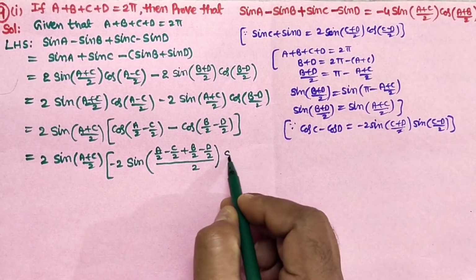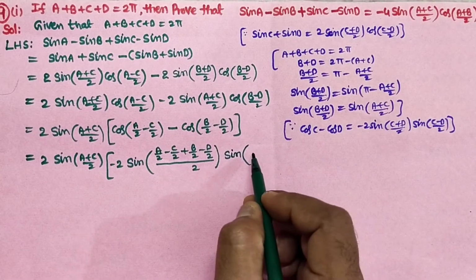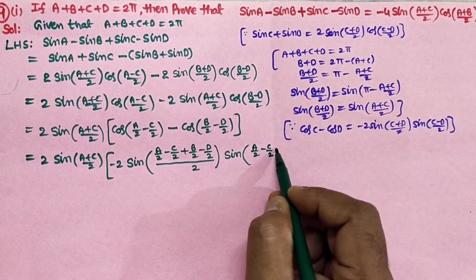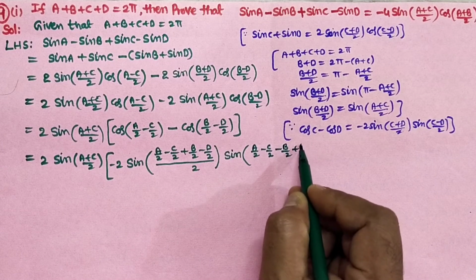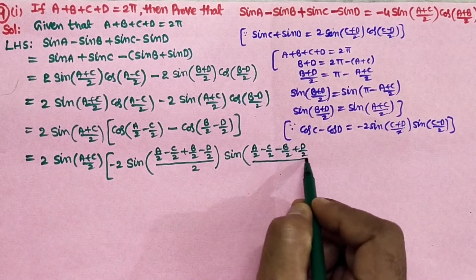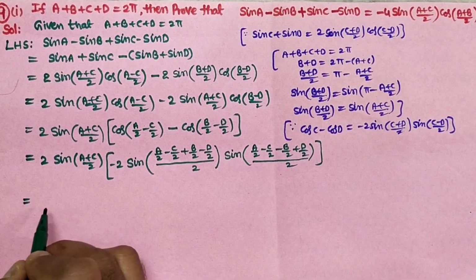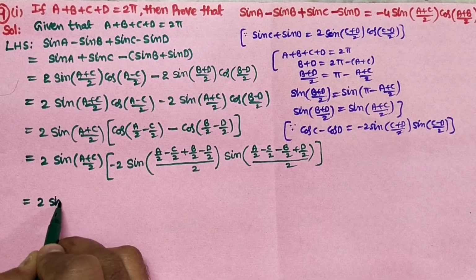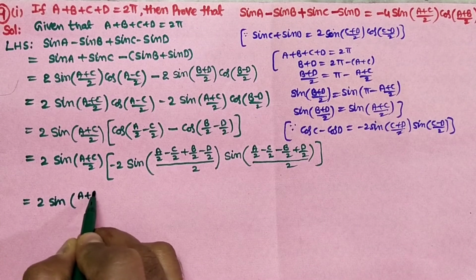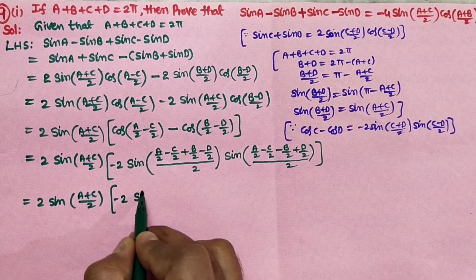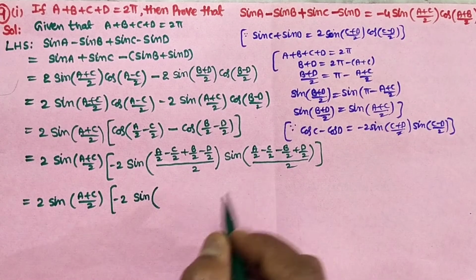Now sine of (c minus d)/2. So (a/2 minus c/2 minus b/2 plus d/2) whole divided by 2. Which is equal to 2 into sine of (a plus c)/2 into minus 2 into sine of, take LCM.